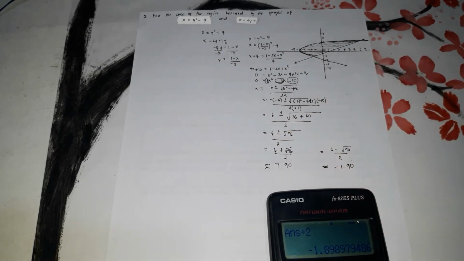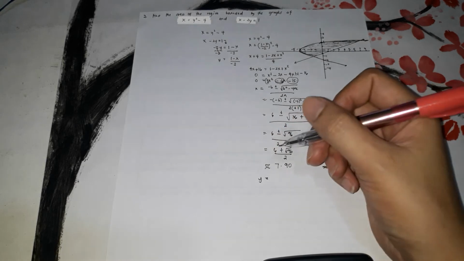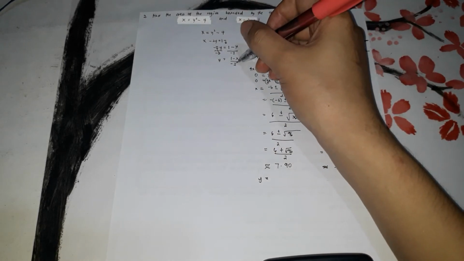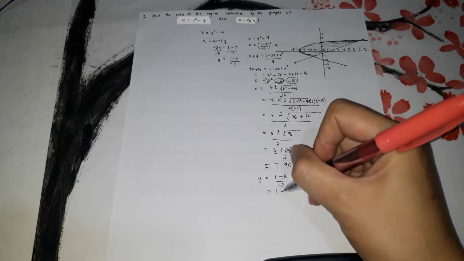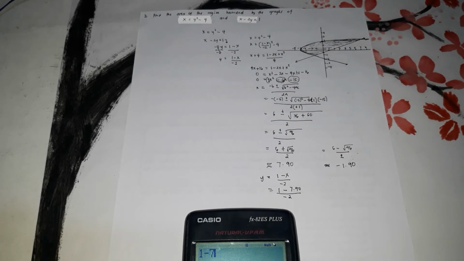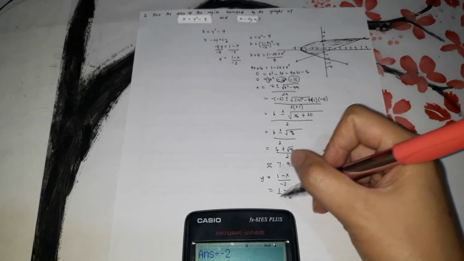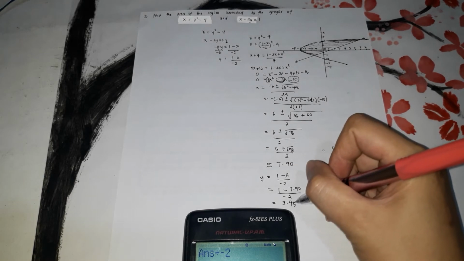So first one, and after that you're going to solve for y. So this is quite complicated. Y now would be, so let's have this kasi para mas madali ito. So 1 minus x over negative 2, 1 minus 7.90 over negative 2, that's 69 over 20 or 3.45.